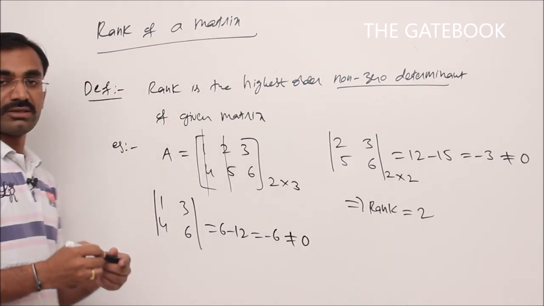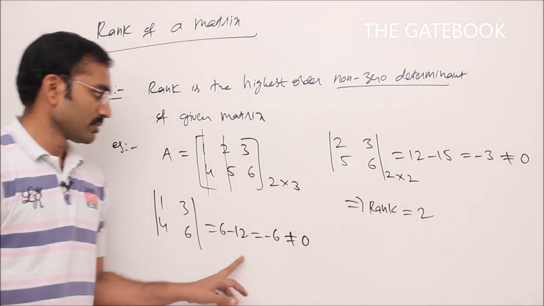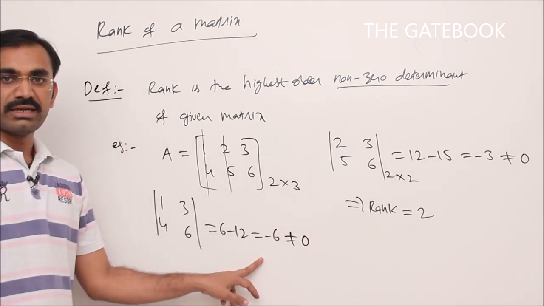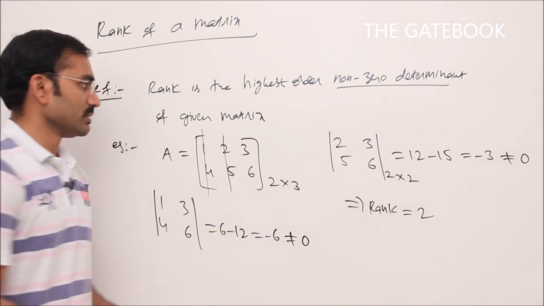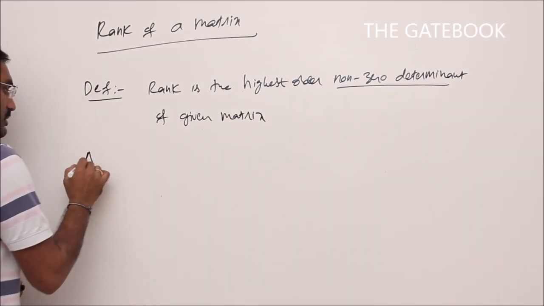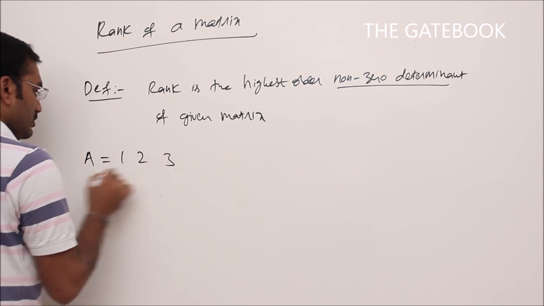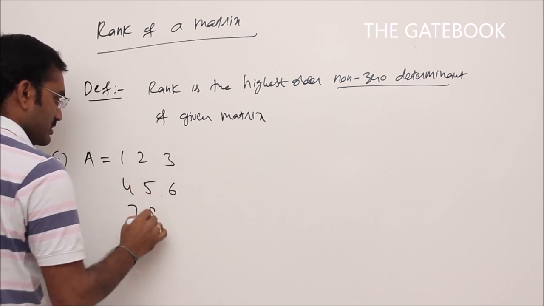If at least one 2 by 2 determinant is non-zero, then the rank of that matrix is 2. Similarly, for another example, A is equal to 1, 2, 3, 4, 5, 6, 7, 8, 0.